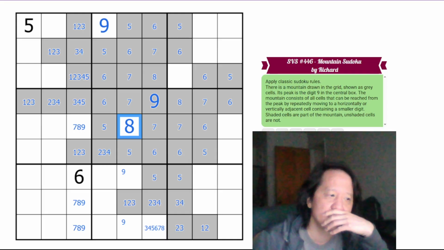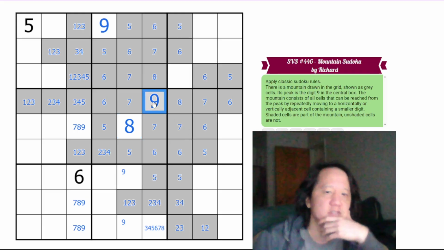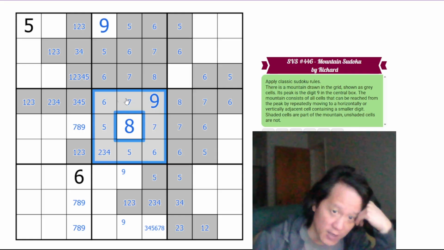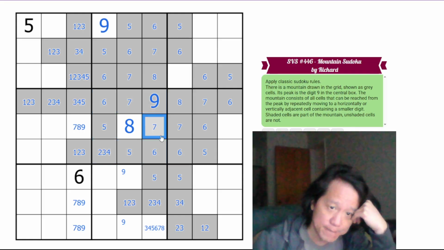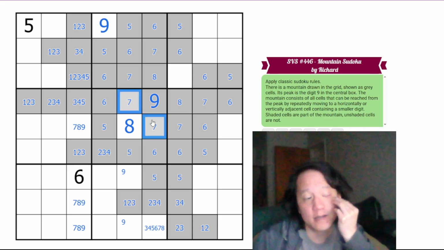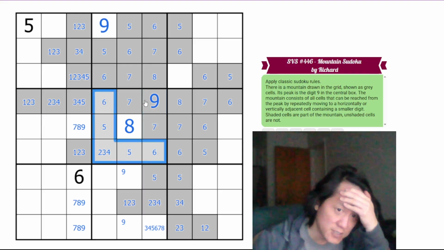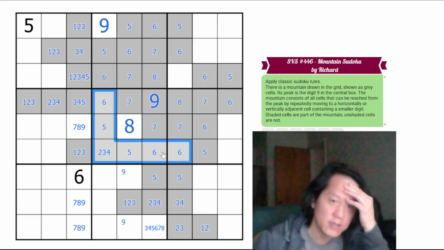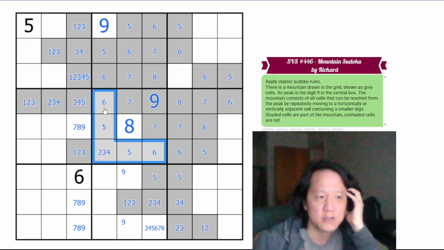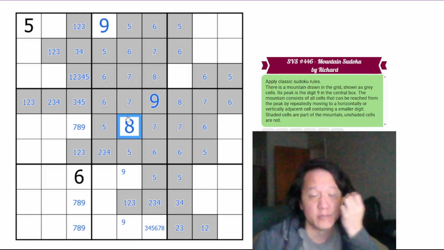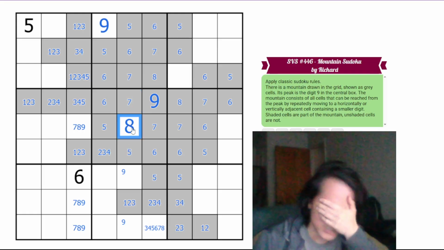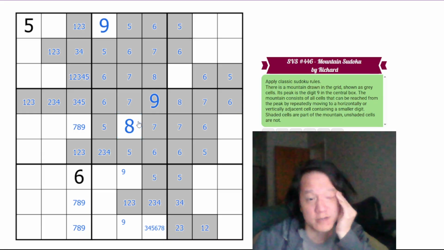Could it be a 7? No. Because there's no other place in box 5 for the 8 to be, right? Either 8's next to the 9, in which case it does decrease, or it's somewhere else, in which case it doesn't decrease, and therefore would have to be not part of the mountain. But, because this is the only light region here that's not part of the mountain, this has to be the 8, right?